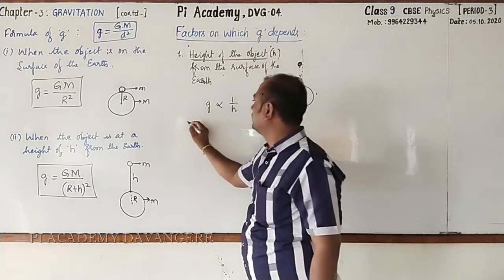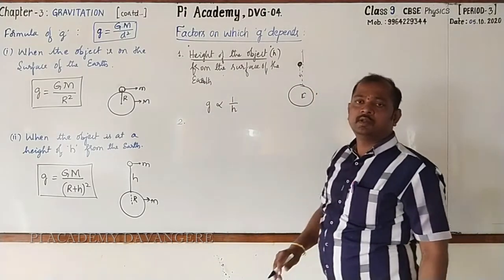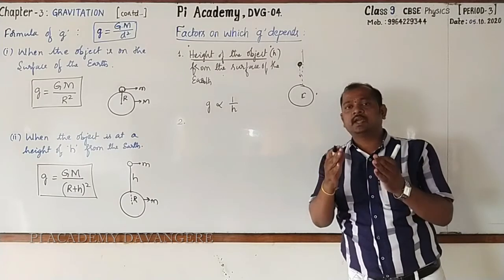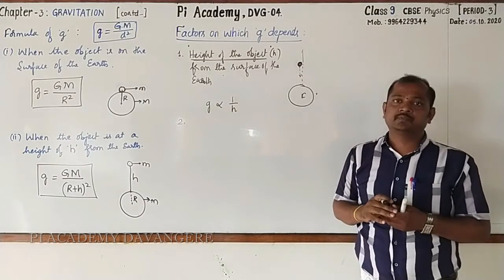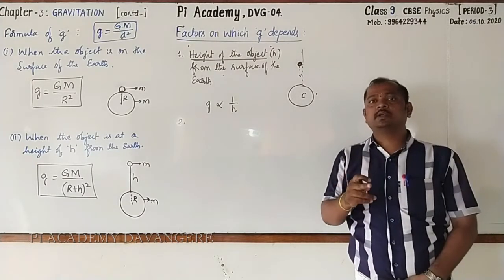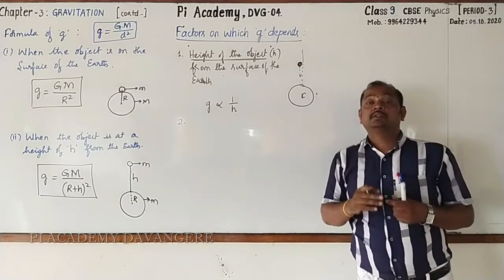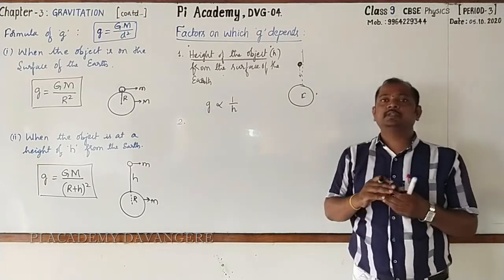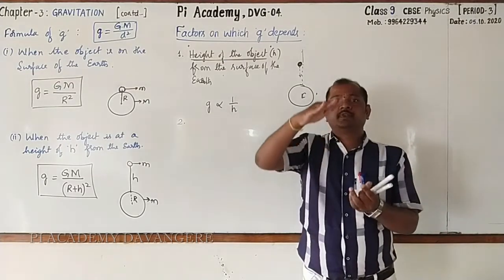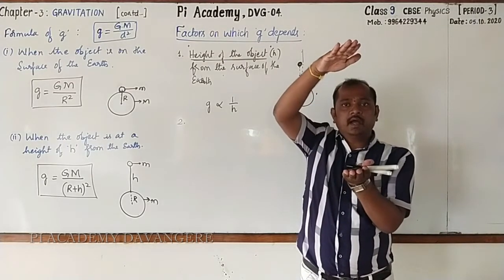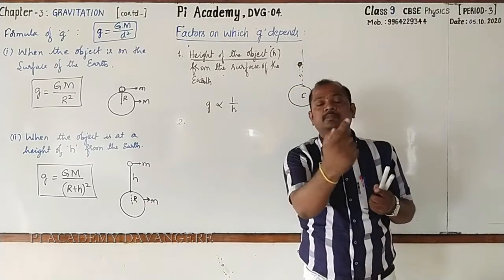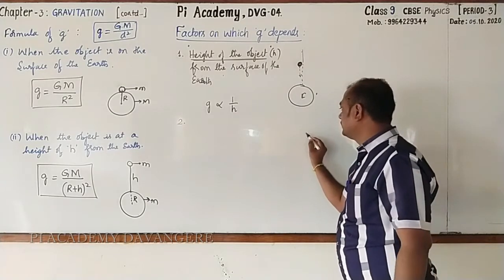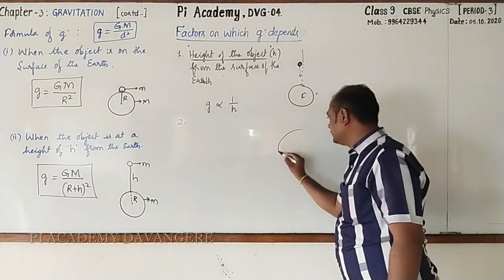Followed? Second, dear students, could you tell what is the actual shape of the earth? Do you say that it is exactly spherical? No. The actual shape of the earth is geoid. Geoid means the earth is a bit flatter at the poles but a little bit bulged at the equator, and we call that shape geoid, like this.